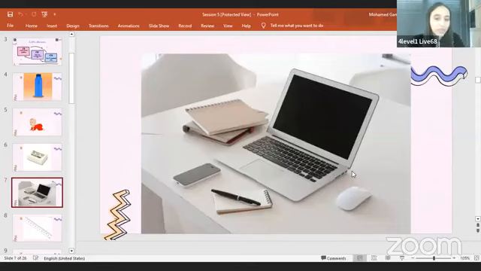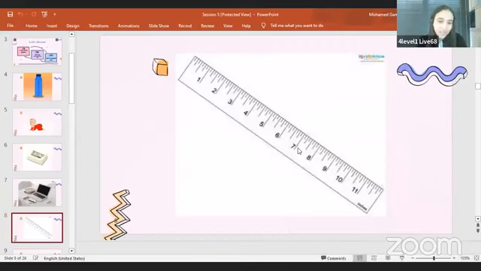Now, can you tell me what is this? What do we call this? What is this in the picture? Yasmin, laptop. Abdurrahman, laptop. Amazing. Thank you. Amazing guesses. Now, can you tell me what is this?